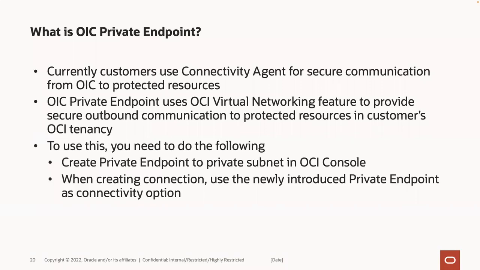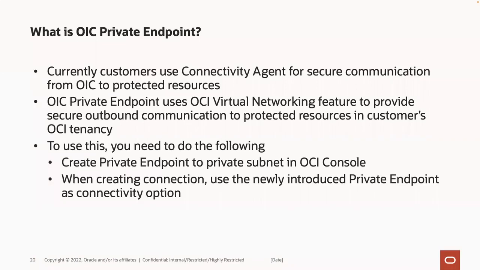Private endpoint allows us to place our OIC instance onto an OCI virtual network. To use this, we first of all create a private endpoint to a private subnet in the OCI console, so you need to have a VCN to use this.